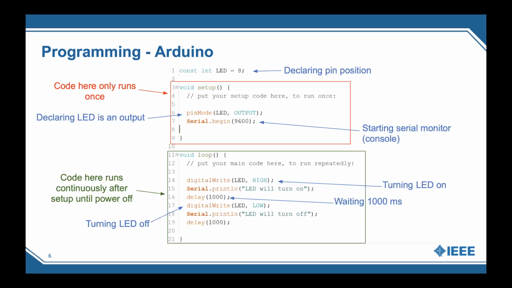This is the same as printf in C. And then like Gerardo said, the delay is 1 second. Then we digitalWrite LED low, which turns off the LED. You can see here, again, we output to the screen that the LED is going to turn off. Then one more second delay, and this is a loop. So it basically just loops this over and over again with the 1 second delay, turning the LED on and off.